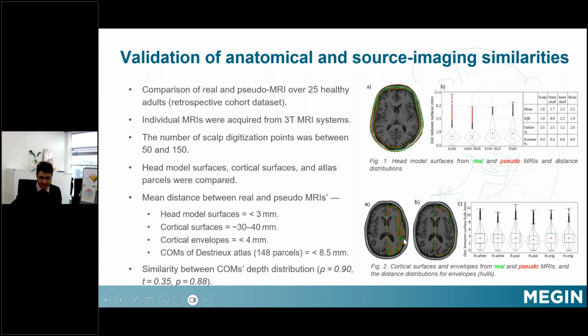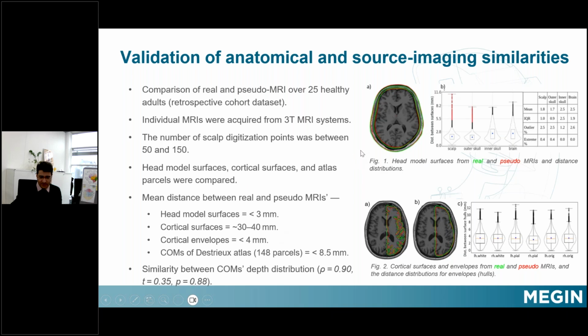So altogether, for the cortical surface comparison and the atlas, because the atlas is also derived from the cortical structure itself, they are slightly higher, but otherwise they are quite similar to other surfaces.